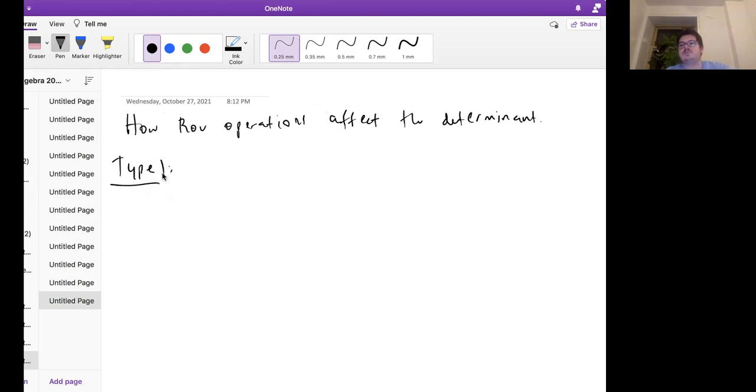So let's start with 2 by 2s, and this will be the last thing we'll do. Okay. If I have A, B, C, D, what's the determinant of that? AD minus BC, that's our formula.